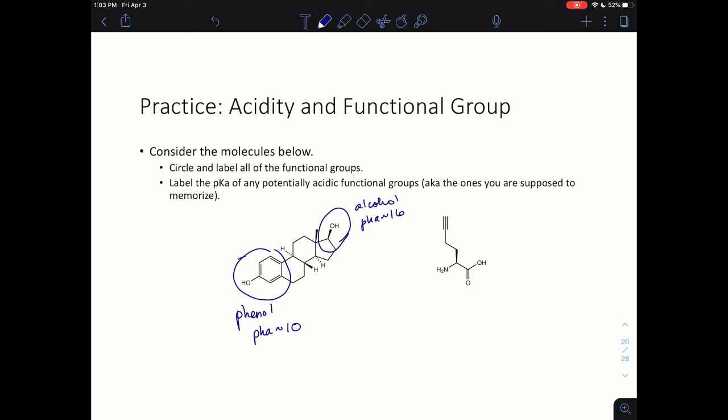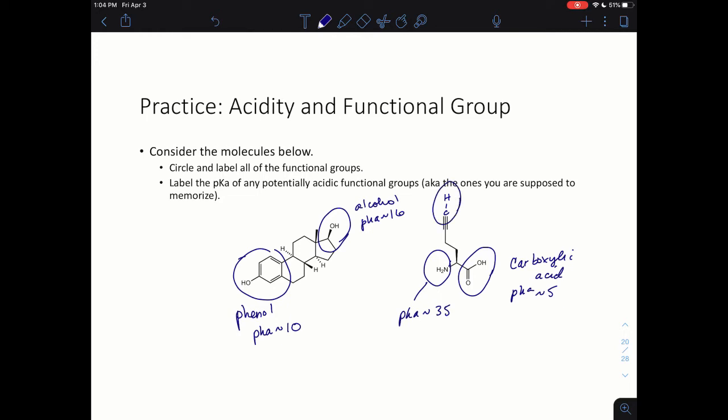Let's look at this unnatural amino acid that we have here and identify the pKa's of these protons. So here we have a carboxylic acid. Carboxylic acids have a pKa of about 5. That's a place to start. An amine has a pKa of about 35 to 38.